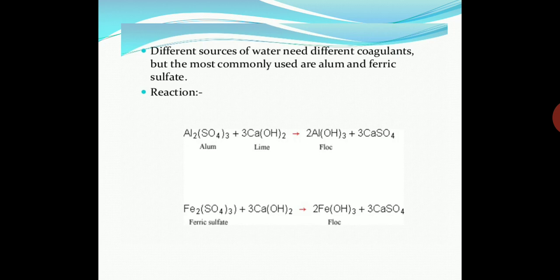Same way, ferric sulfate reacts with alkalinity present in water, and the floc formed is ferric hydroxide. Apart from that, permanent hardness is introduced to water, which can be removed. So these are the two main coagulants we use, alum and ferric sulfate.